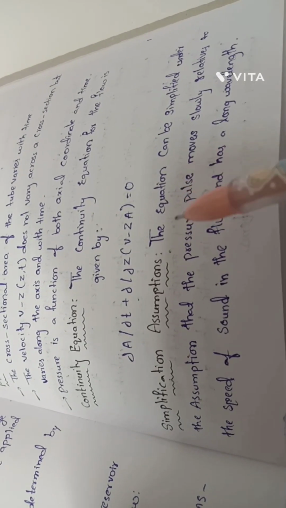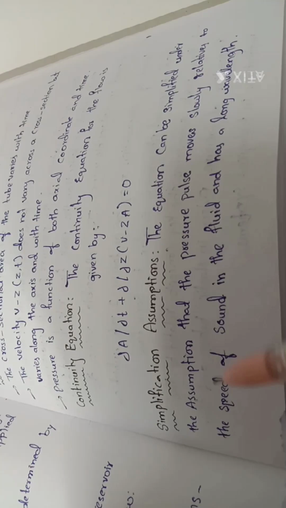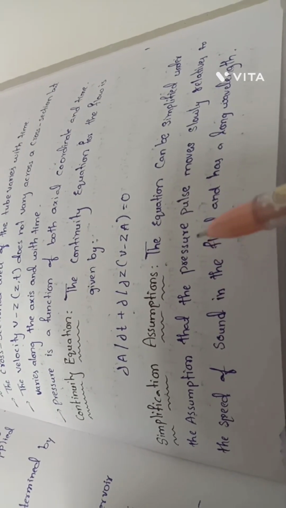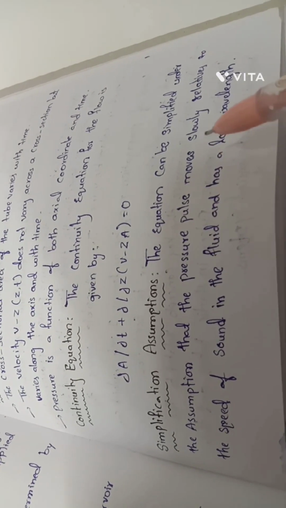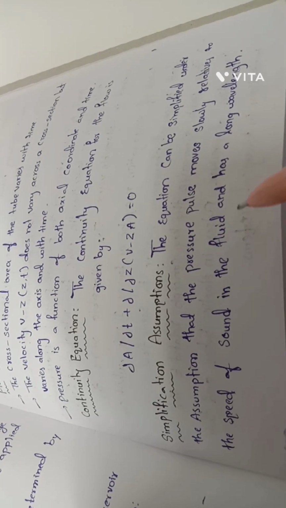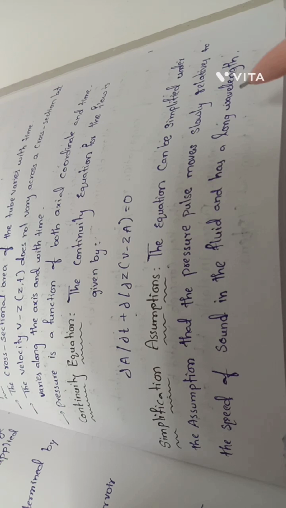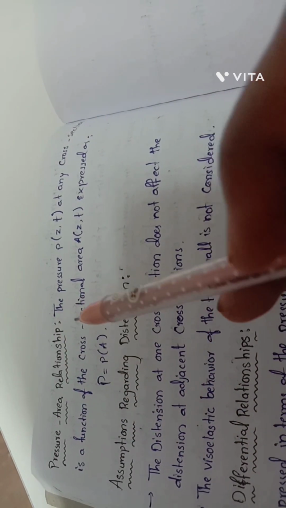Simplification assumption. The equation can be simplified under the assumption that the pressure pulses move slowly relative to the speed of sound in the fluid and have a long wavelength. Pressure area relationship.